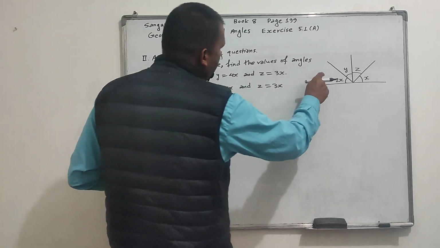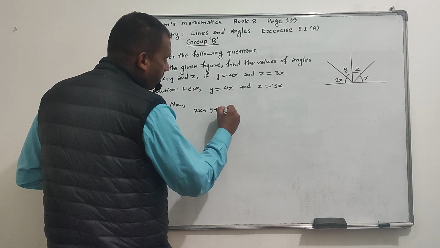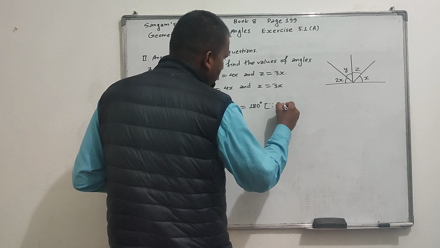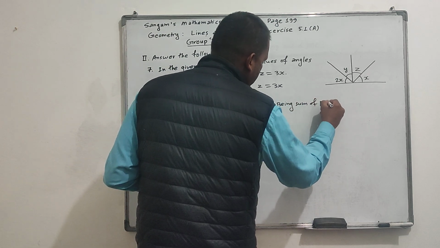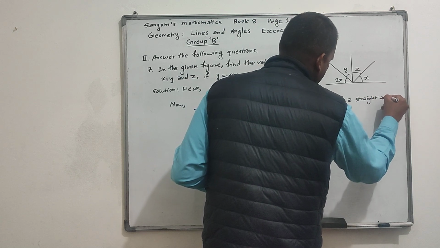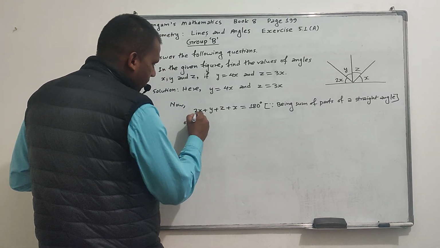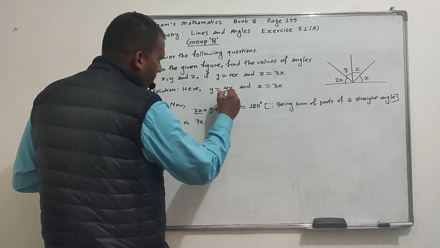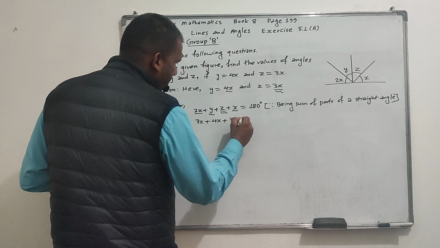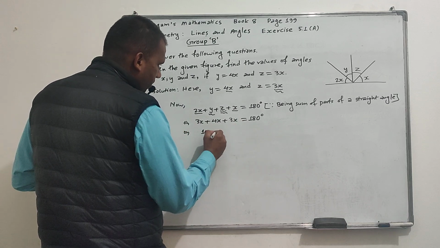Now in the figure, 4 angles make adjacent angles. So we can write 2x plus y plus z plus x equal to 180 degrees, because being sum of parts of a straight angle, or 2x plus x, that is 3x, value of y 4x, value of z, that is 3x, this equal to 180 degrees, or 3x plus 3x, 6x plus 4x, 10x equal to 180 degrees.